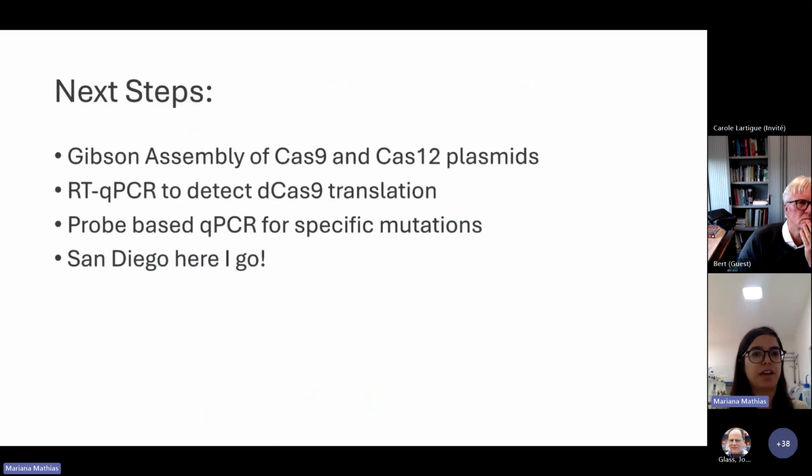So the next steps are to check whether the Gibson construct is being translated through RT-qPCR, and also to check whether we see the specific stop codon mutations through probe-based qPCR.